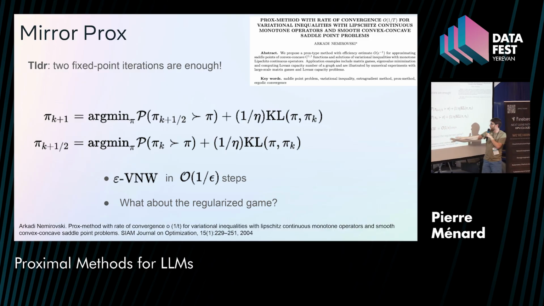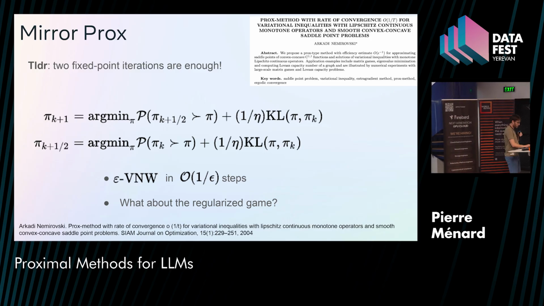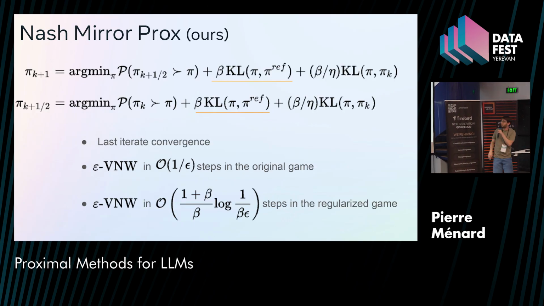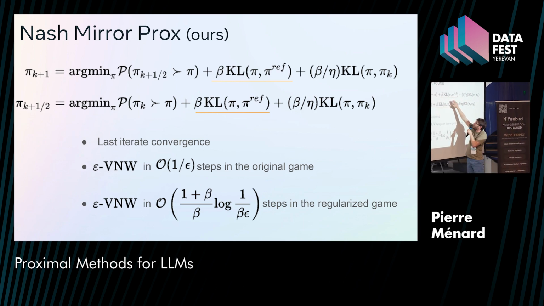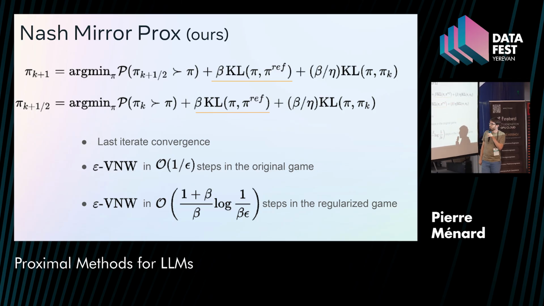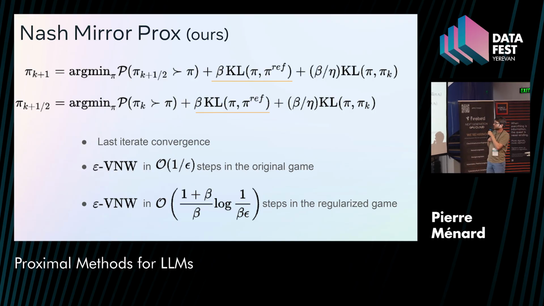But we still have this question about what we can do for a regularized game. One of our contributions is that for the regularized game, we just add the 2 regularization terms here, and that's it. We don't change anything from the Mirror Prox algorithm.